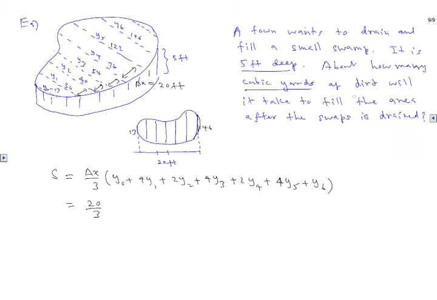So you get 13, then 4 times 30, then 2 times 40, then 4 times 54, then 2 times 76, then 4 times 122, and then 146.